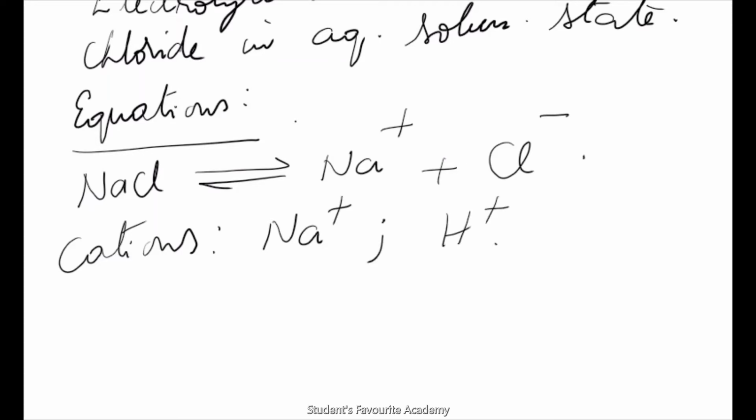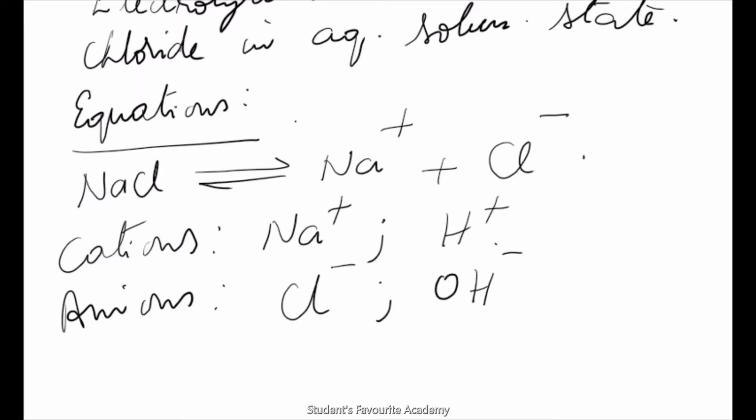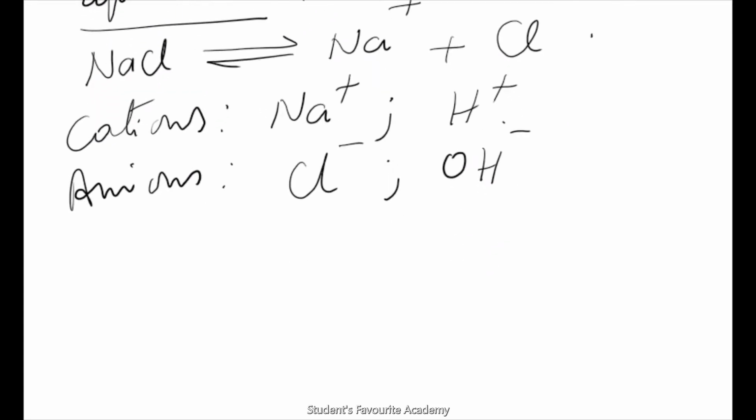H plus comes from the aqueous solution, that is the water part. And the anions are Cl minus and OH minus. Cl minus is from sodium chloride and OH minus is from water.